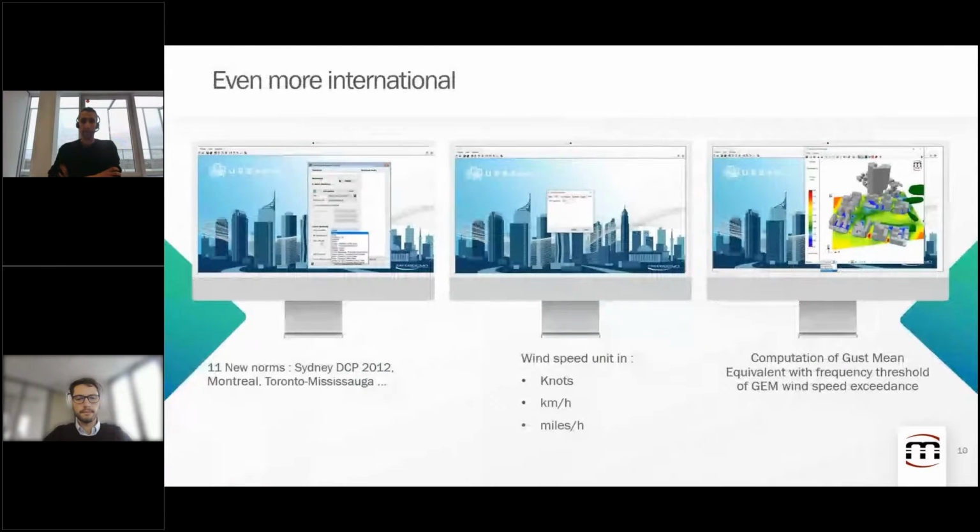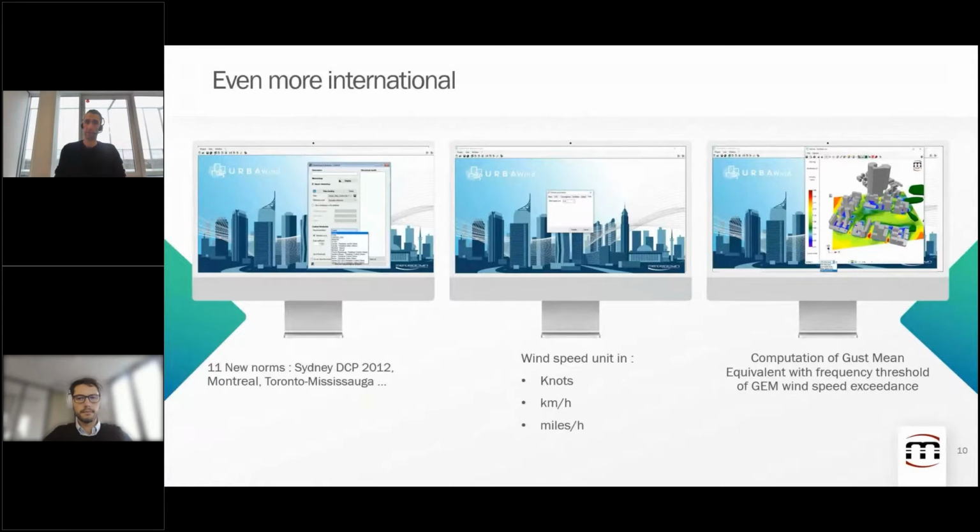So let's carry on. The next feature, as I say, is to become more and more international. So we integrated more norms and recommendations regarding wind comfort. You can now work in British countries and ex-British countries such as Australia or Canada.